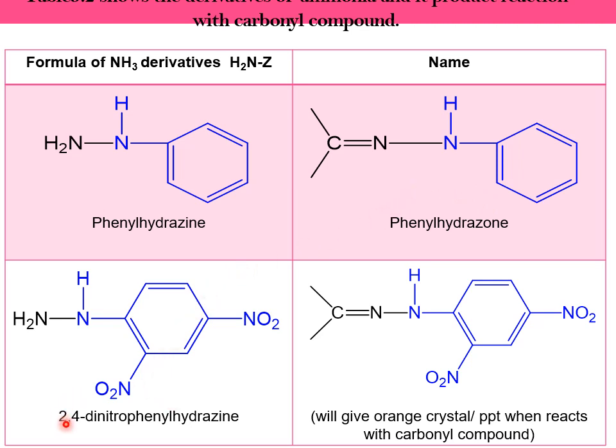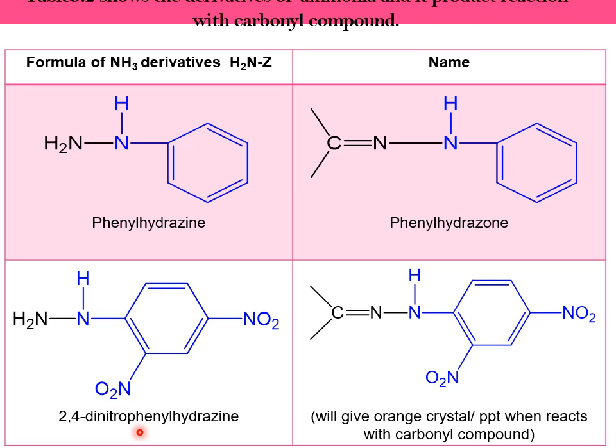The next one is called 2,4-dinitrophenylhydrazine, or 2,4-DNPH. 2,4-DNPH is known as Brady's reagent, the one that you also have done in lab experiment 6.